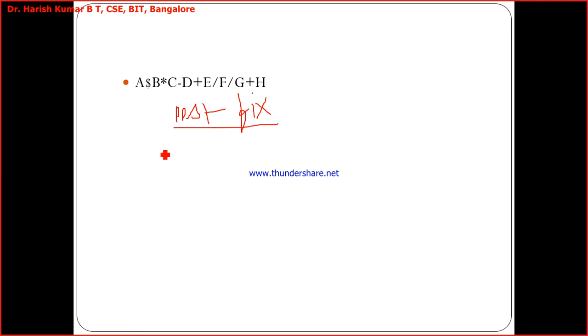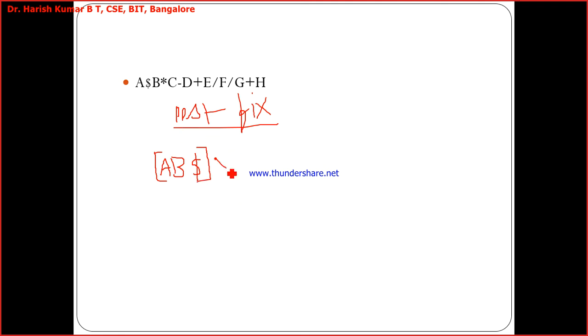Okay, which one I have to evaluate? Tell me. AB dollar, correct, right? So since I'm converting it to postfix expression, AB, I'll write here. AB and dollar. So postfix form. And now this is one operand. Let me write that in big bracket. Otherwise it will confuse you if you don't do this.